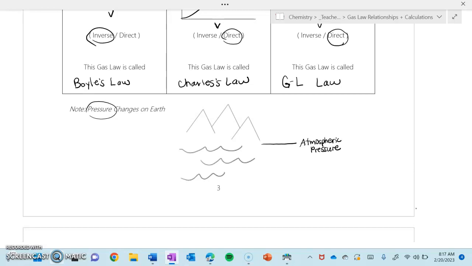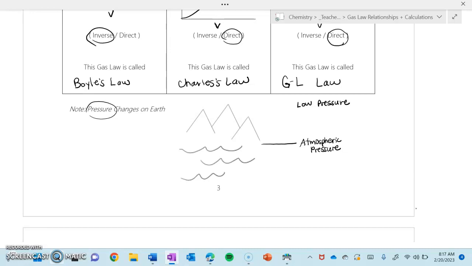And as we go up into the air, up into the mountains we have drawn here, our gas particles become less dense, and we have lower pressure higher up. So if you're in an airplane or hiking in the mountains, you will have lower pressure in the environment.